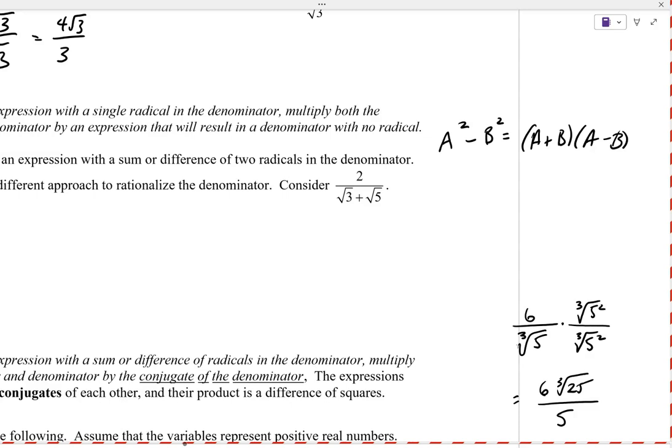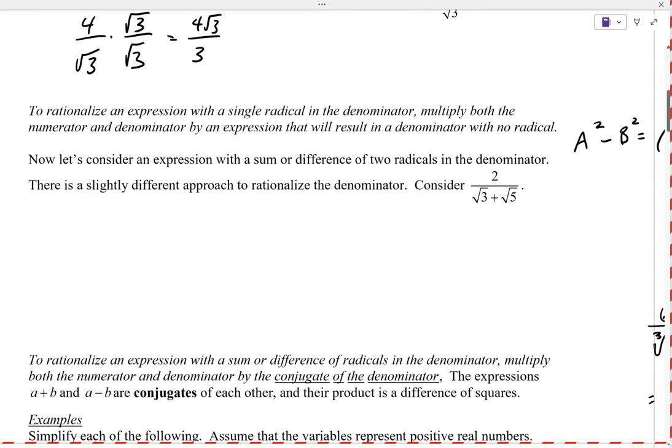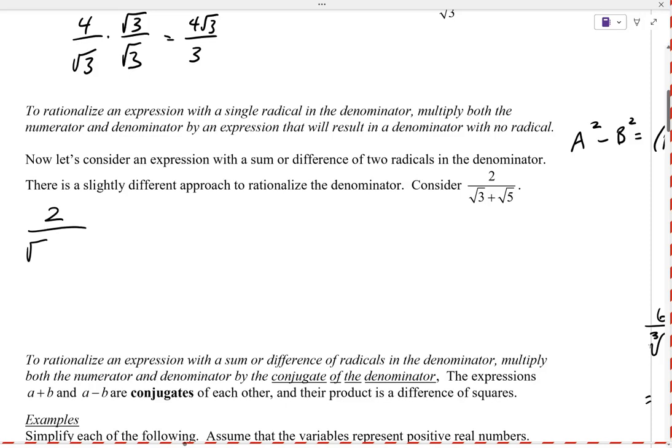If I multiply it by the exact same thing, except for having a minus sign in the middle, I get a difference of squares. So this is exactly what we're going to do to rationalize the denominator in this case. We'll take our 2 over root 3 plus root 5 and multiply it by root 3 minus root 5 on top and bottom.